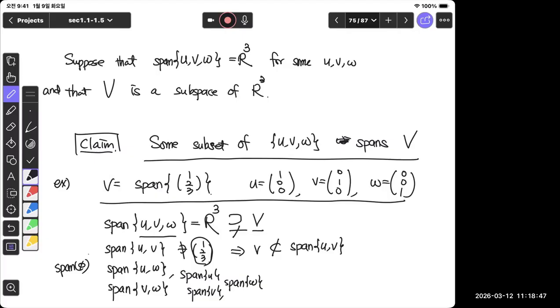But if you consider some subspace, and you know some set generating this whole space, it may not generate this subspace. So please be careful about this example. And then let me go to the next section.